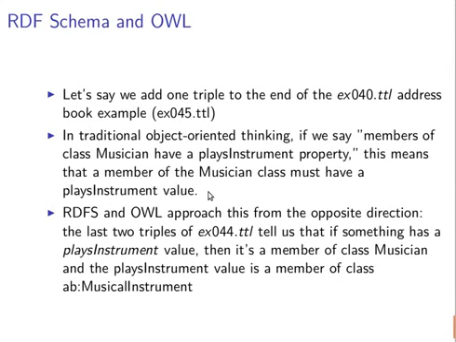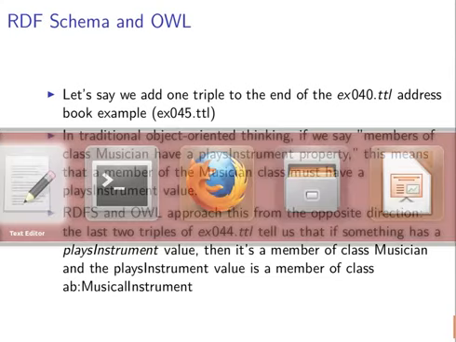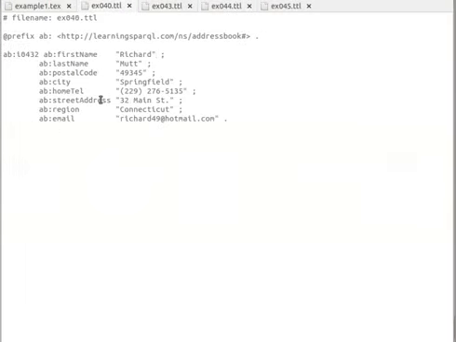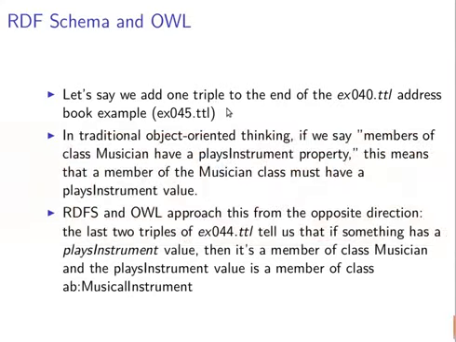Now let's say the address book that's provided by the author, which is this address book here, as we can see, has his first name, last name, postal code, some other information. Let's say the author is assuming that he's going to add another triple to this address book.